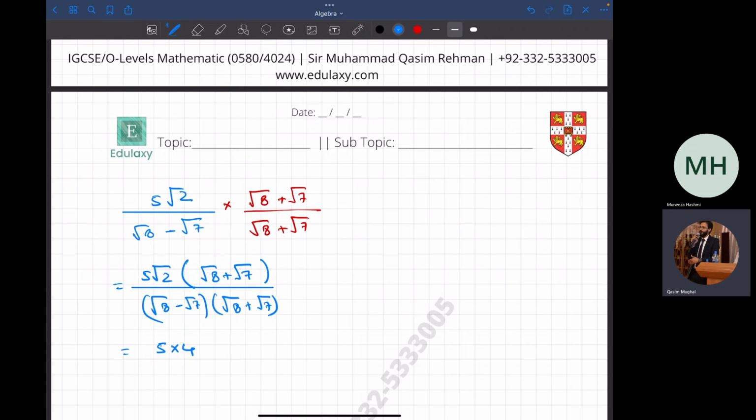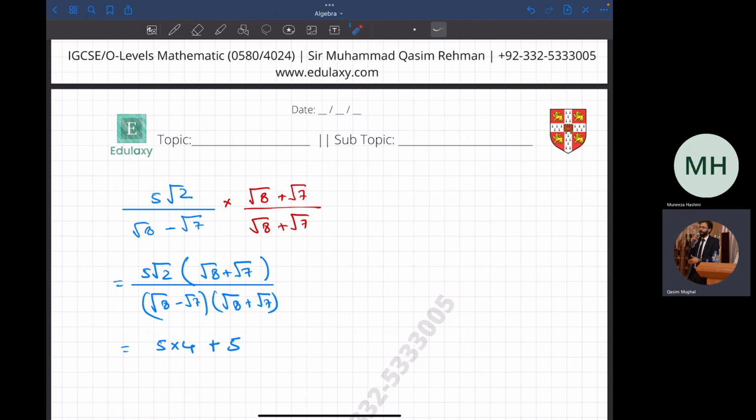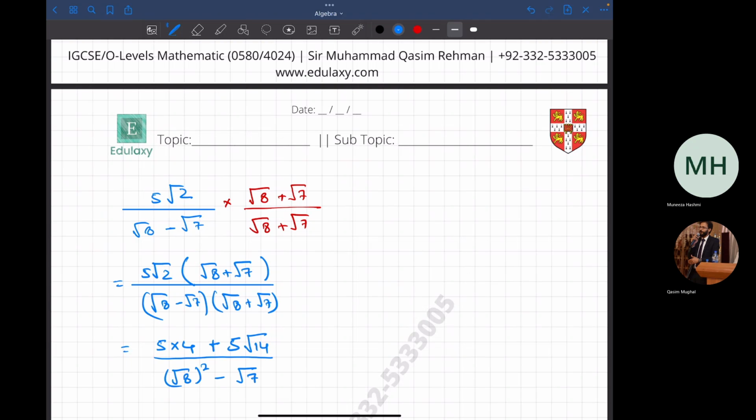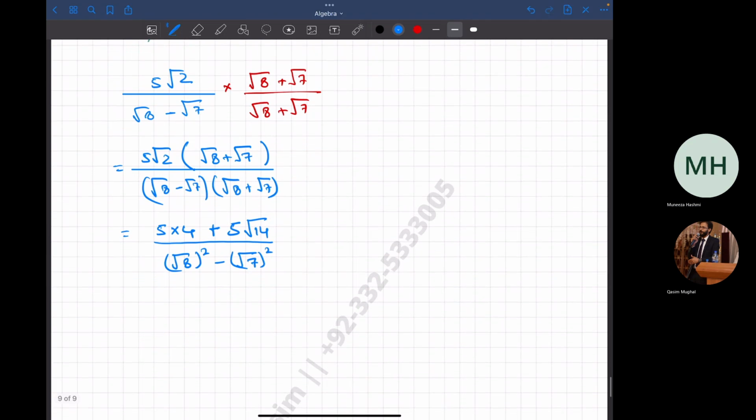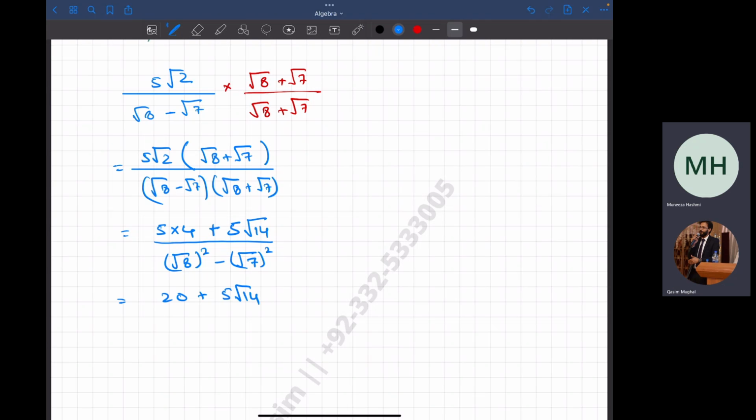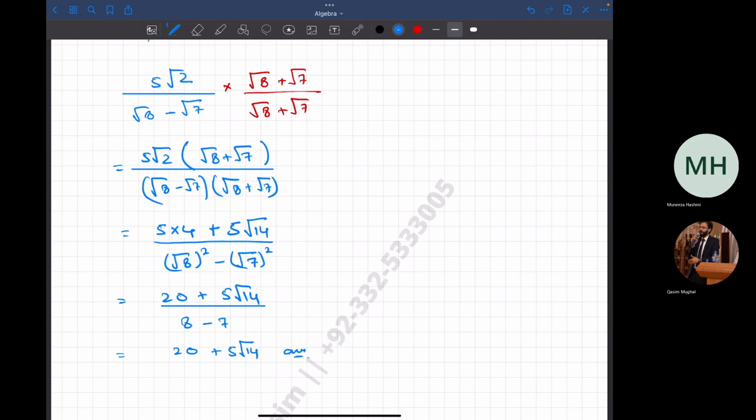Plus, again, 5 as it is, root of 2 times root of 7 gives us root of 14, over a squared minus b squared. 20 plus 5 root of 14 over 8 minus 7, which is 1. 20 plus 5 root of 14, that would be your final answer. Got it? Yes, sir. Got it.